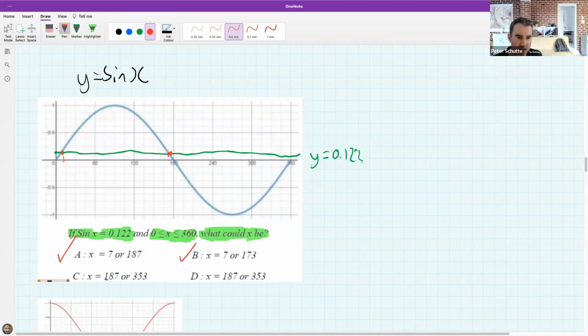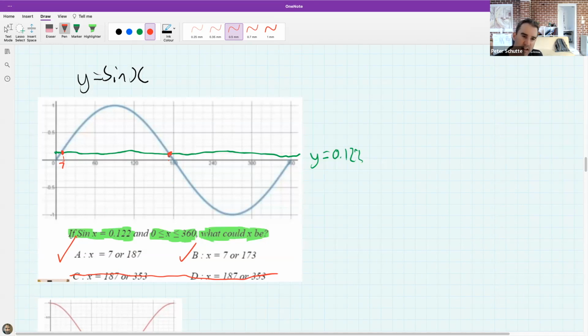There's no way it's going to be 187, because that would be down here, and that's not positive because it's going below the line. So for me, I'm ruling out those two because 7 looks like it's in the right part of the world. Now I've got to choose between 187 or 173.